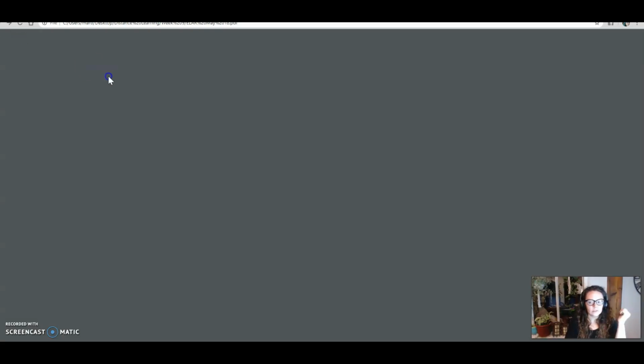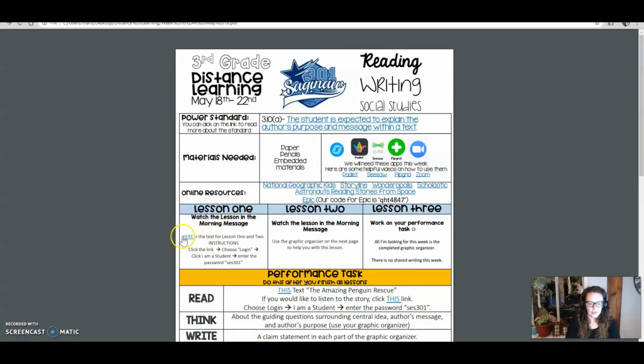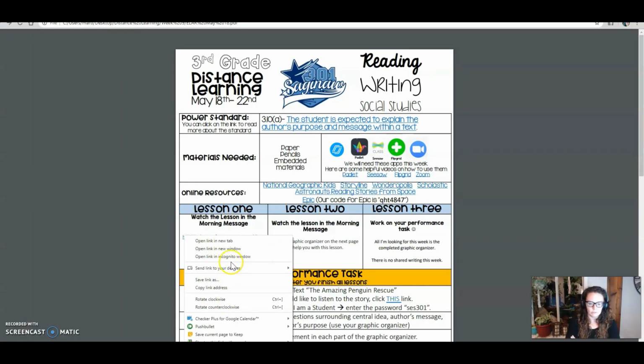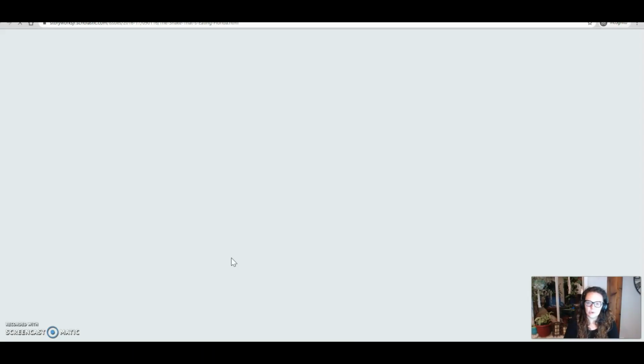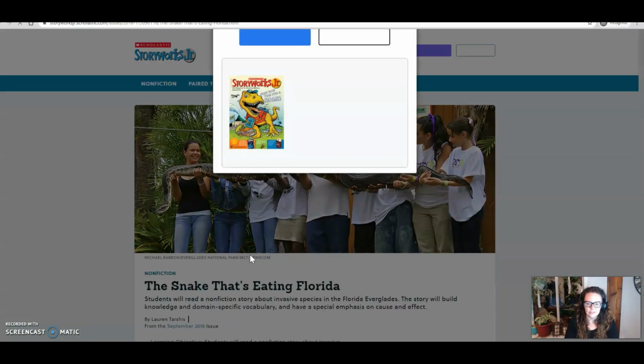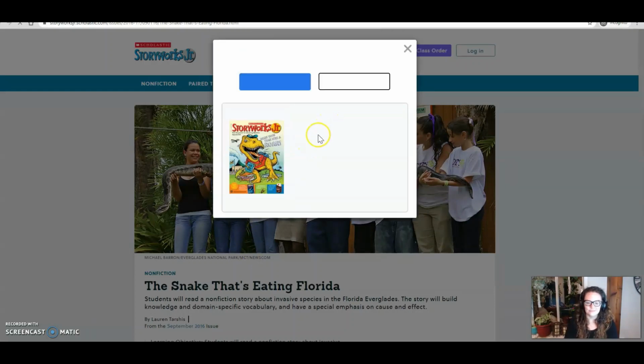But you will click, and I'm already logged in, so I'm just going to open this up in a new window to show you how to log in. It will load the passage for you, but it's going to ask you to log in. The first thing you're going to do is click Login.